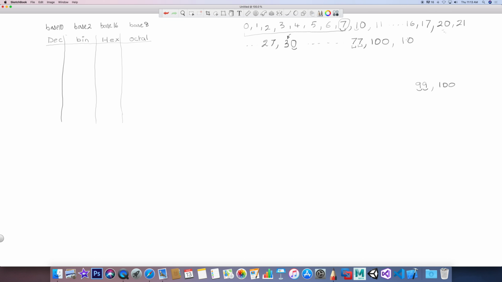So 101, 102, and then you continue on to 107, and guess what's going to happen? 110. Again, this pattern repeats itself. So we're going to repeat this until we reach 177. Right? So there's a whole series of numbers here. And then what's going to happen now? Now you get to 200.